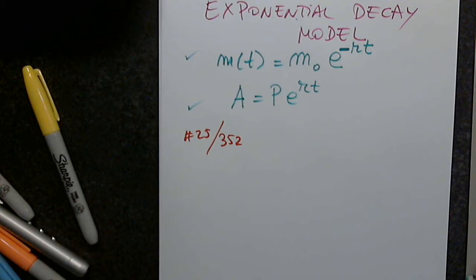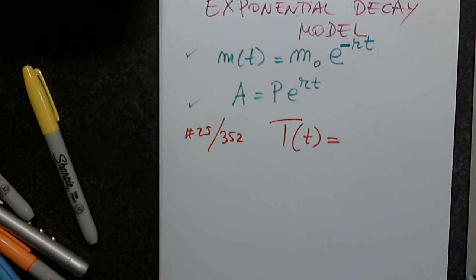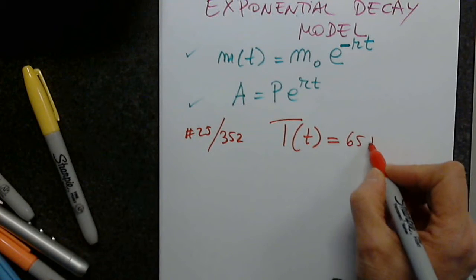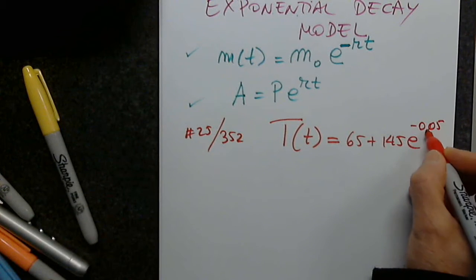A hot bowl of soup is served at a dinner party. It starts to cool according to Newton's law of cooling. So its temperature at time t is given by: temperature at time t is 65 plus 145 times e to negative 0.05 t.